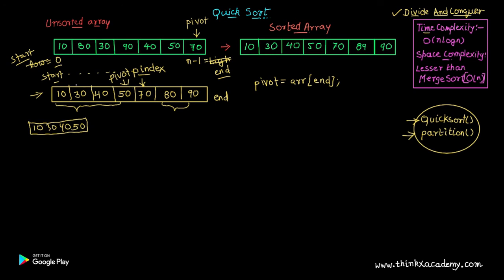So just by manipulating the starting and ending of this unsorted array, we can call the quicksort function again and again, and it will pick up the pivot element and just start doing this: all the values lesser will come to the left hand side and the values greater will come to the right hand side, and it will do it again and again.